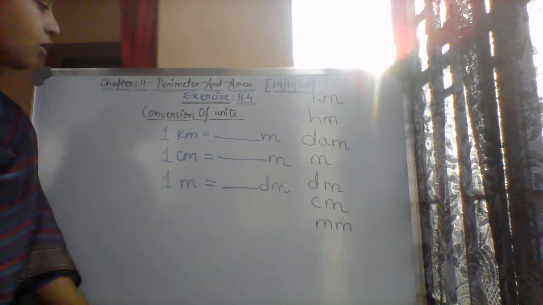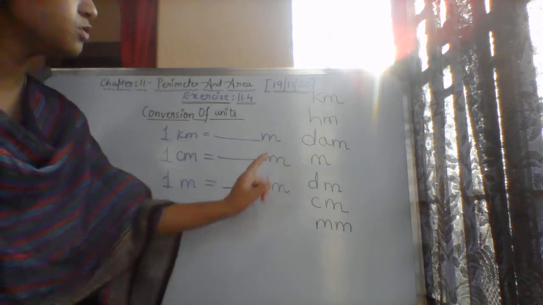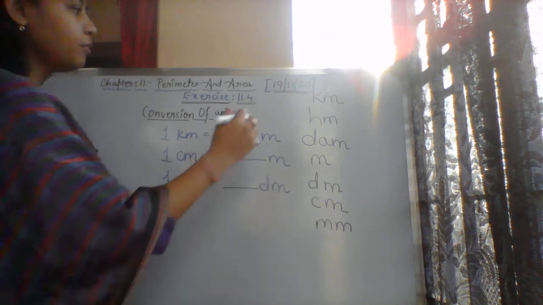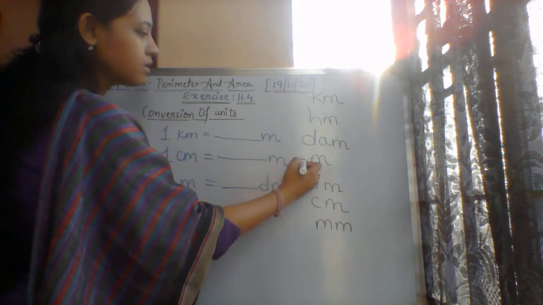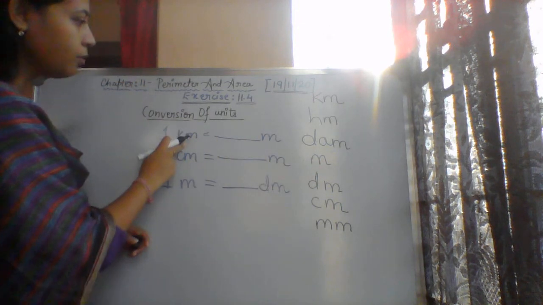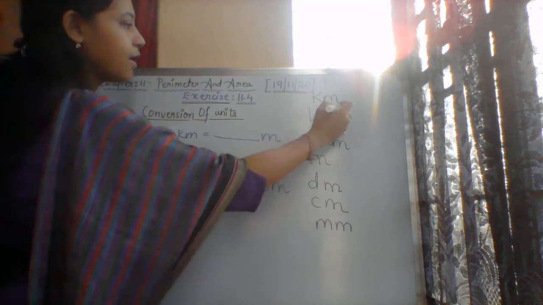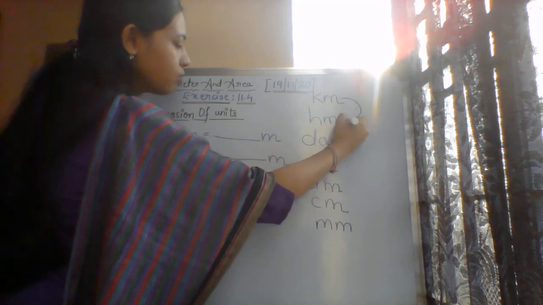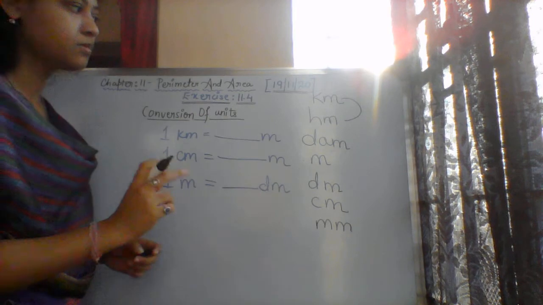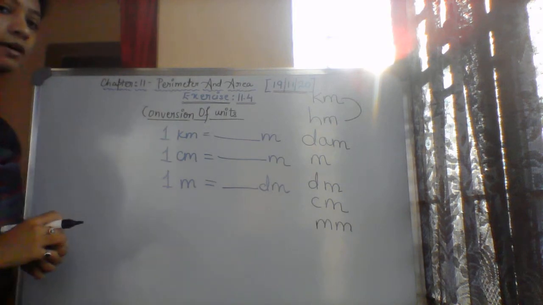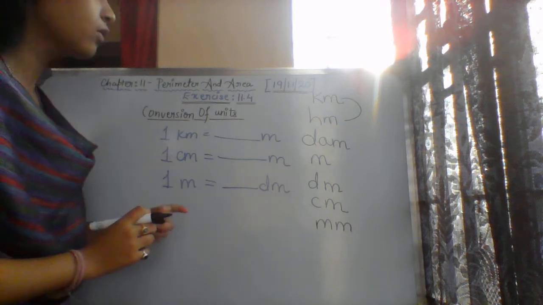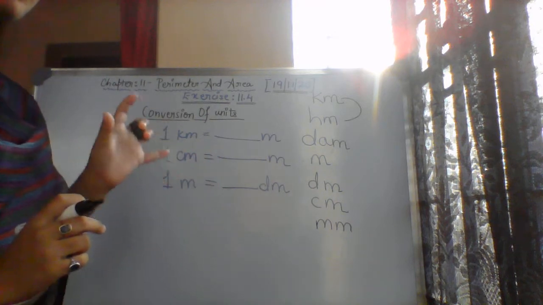So let us recall. 1 kilometer is how much meter? From kilometer to meter we have to go. So how many steps are we going? Those who are having confusion in that, make it clear through this, because this thing we have already learned.